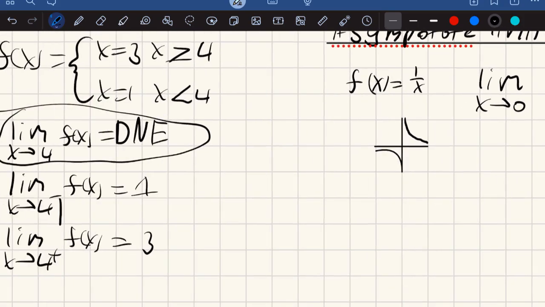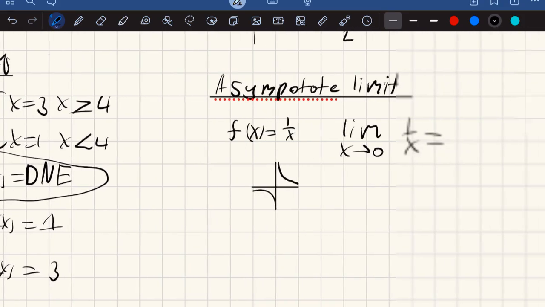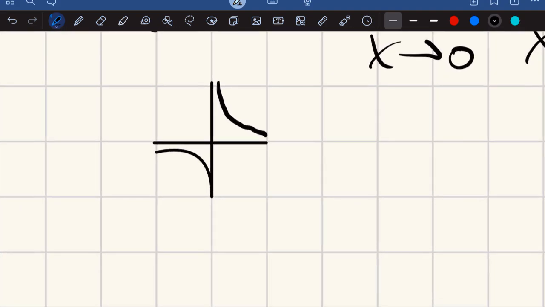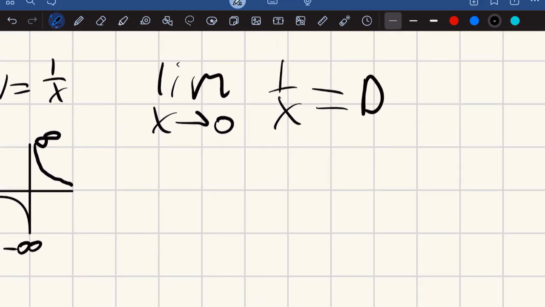So it's a similar case to this left and right side limit, because if we go to the right of 0, it's infinity, and the left is negative infinity. So we would say it does not exist.